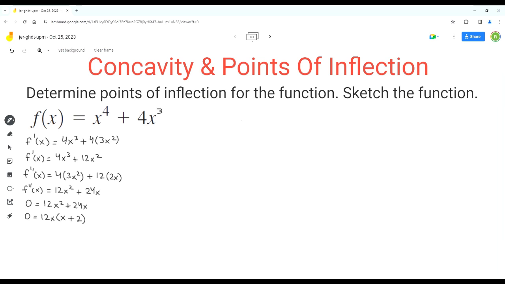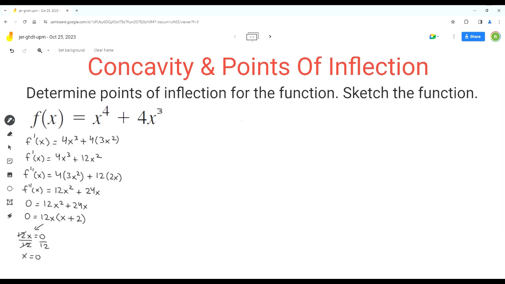Now we have to solve for x by analyzing the two cases. So the first case is 12x equals 0, and we can solve for x by dividing both sides by 12. So the 12's on the left side get cancelled out, so we get x equals 0.